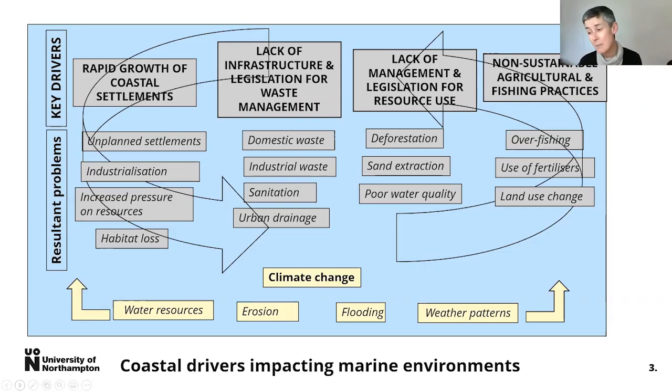This is all underpinned by climate change that is impacting all of these aspects, whether that be to do with changes in water resources, changes in weather patterns that are influencing these problems, erosion and flooding. So I'm going to take each of these 4 drivers and drill down a little bit with some examples from the region, just to give you a sense of what this means in practice, what's going on at the coast that's influencing the marine environment.